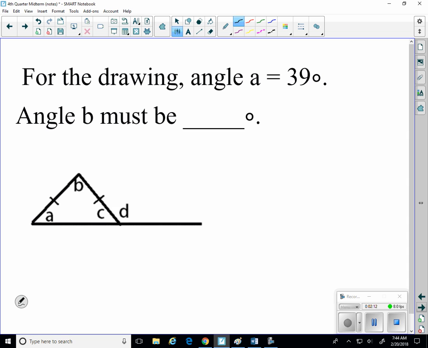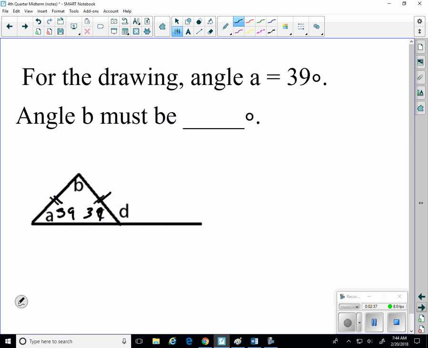For the drawing, angle A is 39. Because this triangle is marked so that these side lengths are the same, it's a triangle with two sides that are the same, and so this one is also 39 degrees.